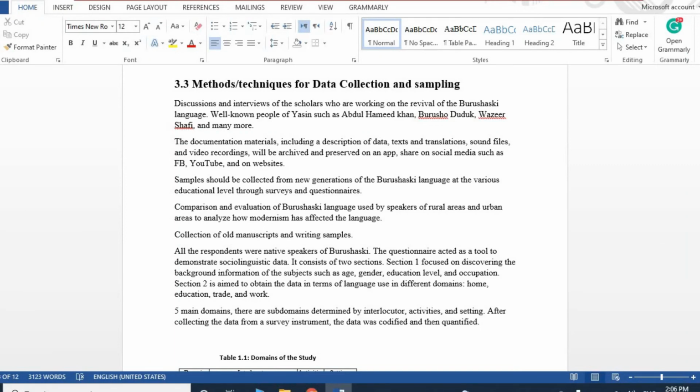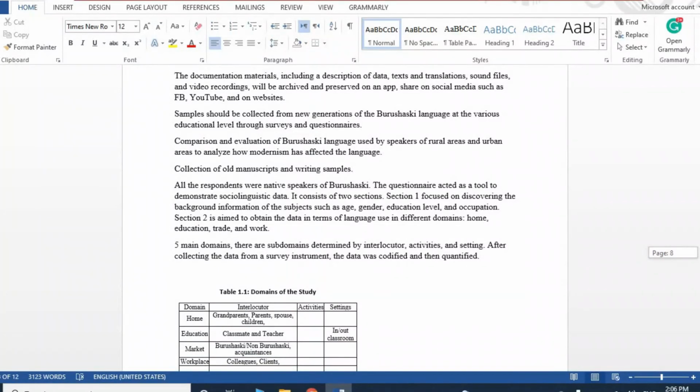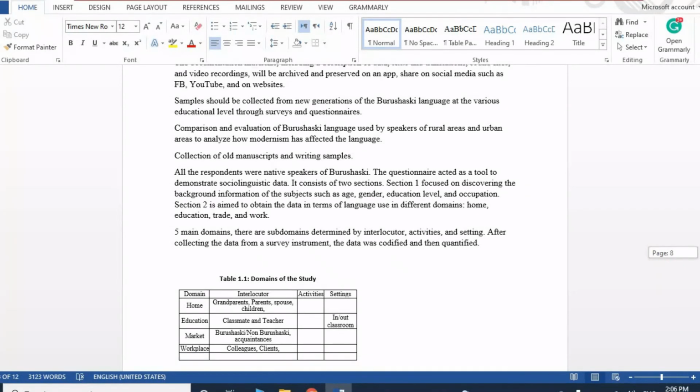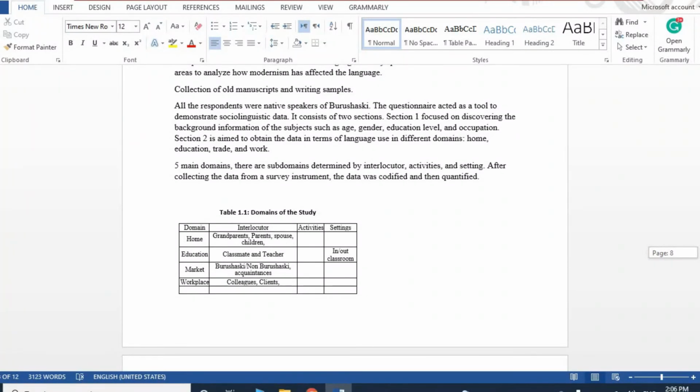And all respondents are native speakers of the Burushaski language, and questionnaires will be given to them, right, to analyze the percentage of language use. Right, five domains will be there. Right, we will analyze under different domains: home environment, educational setting, trade, and workplace as well.